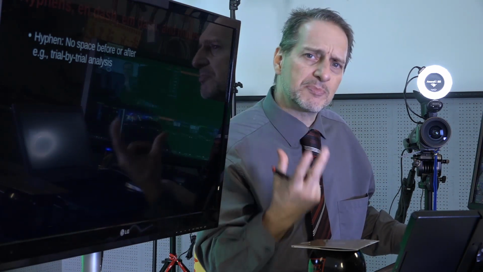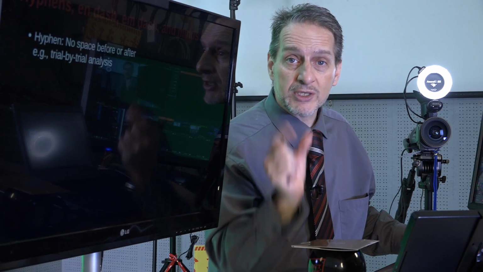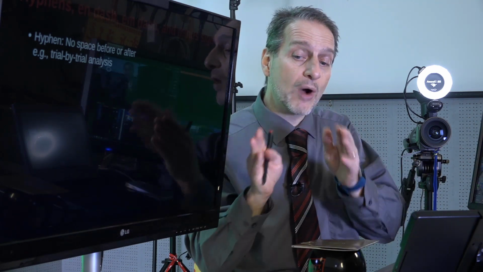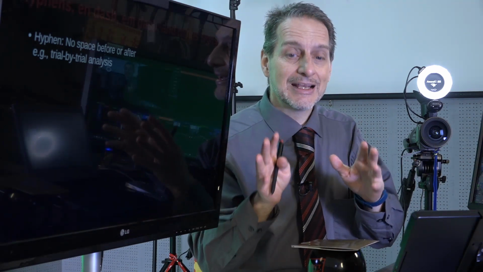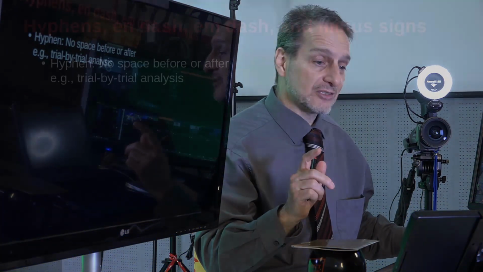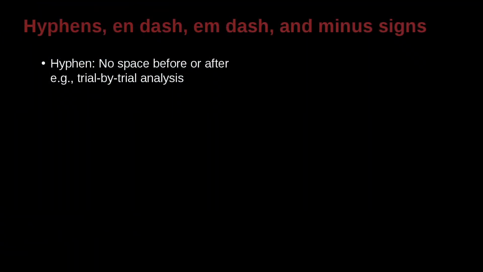But because it's a special situation in our research, we want to put these together. We're referring to one thing, this one thing we've done. This one thing has many parts, but it's still one thing. So we can say trial by trial, and then it's an analysis, right? So if it's an analysis, then in this case our temporary compound word comes before, and we can go ahead and hyphenate it.